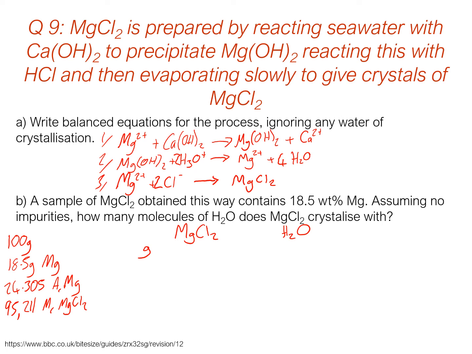I won't go through this equation, but I've done it beforehand and written it down. We get to a mass of 72.47 grams of magnesium chloride.